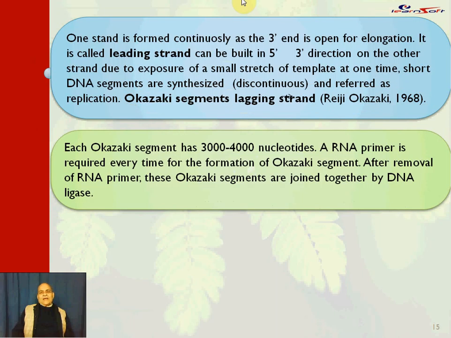Each Okazaki fragment has 3000 to 4000 nucleotides. An RNA primer is required every time for the formation of an Okazaki fragment, and after the removal of the RNA primer, these Okazaki segments are joined together by the DNA ligase, as I have shown you in the figure.